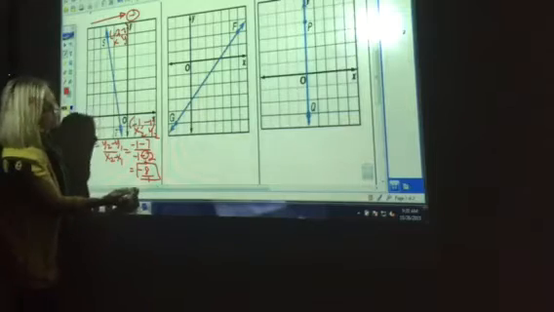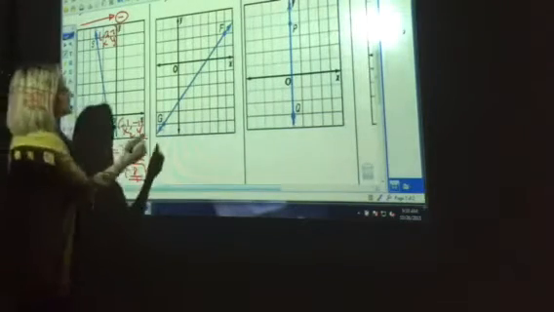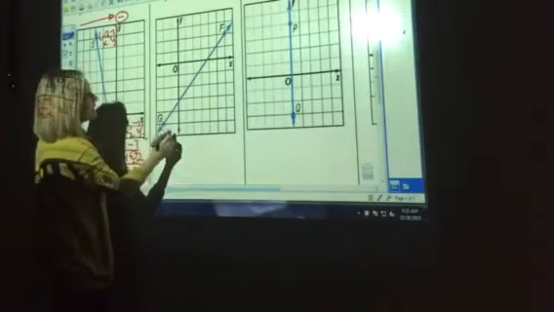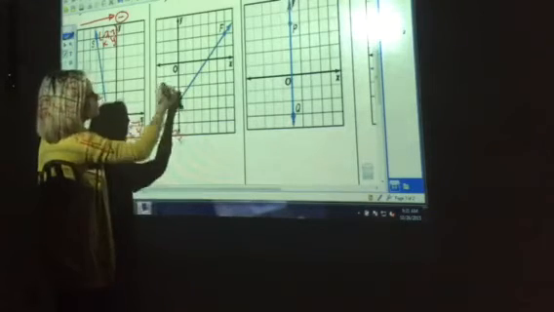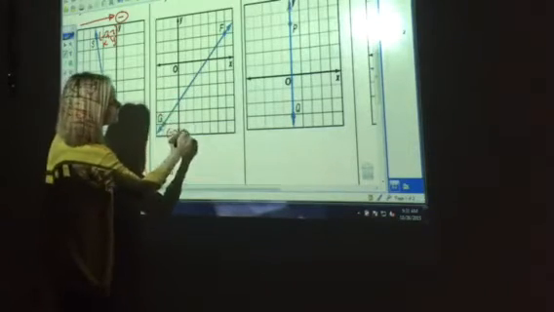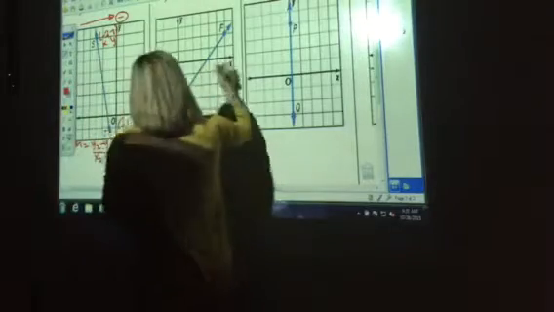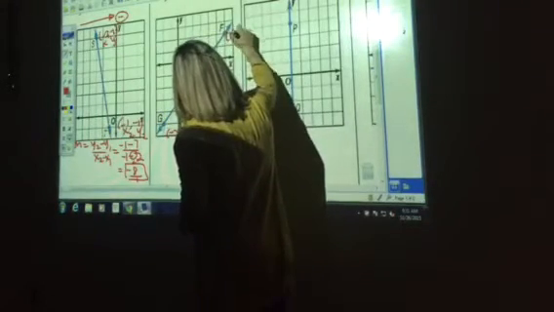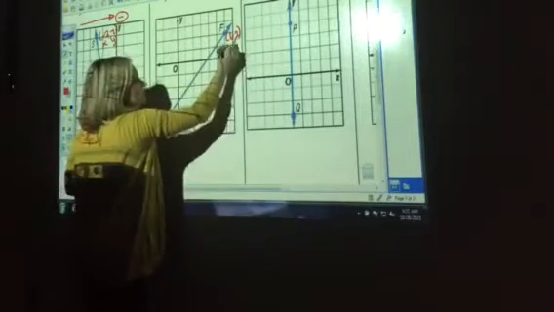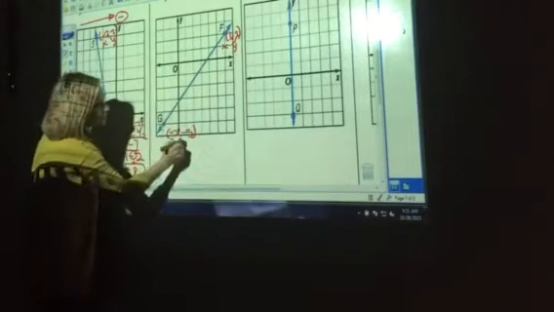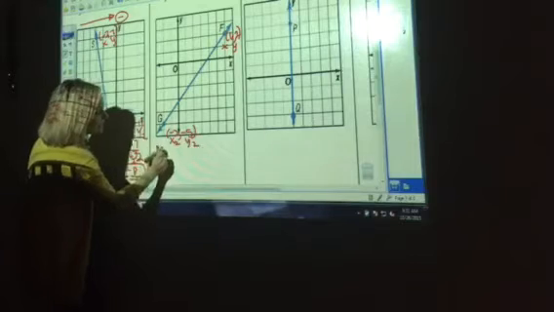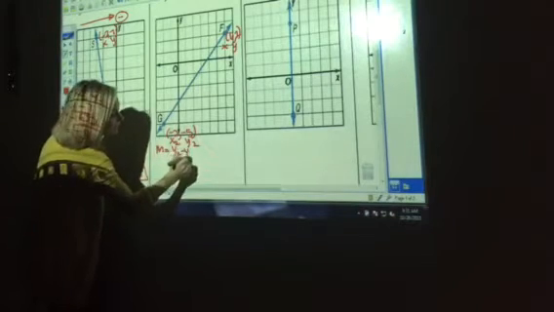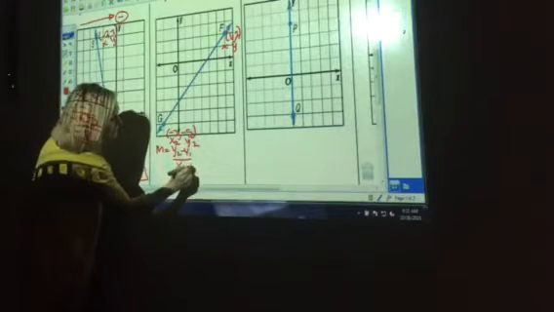Okay, the next one over here, G is at the point negative 2, down 5, and F is located at 6, 2. Okay, so if I label X1, Y1, X2, Y2, again, my slope is equal to Y2 minus Y1 over X2 minus X1.